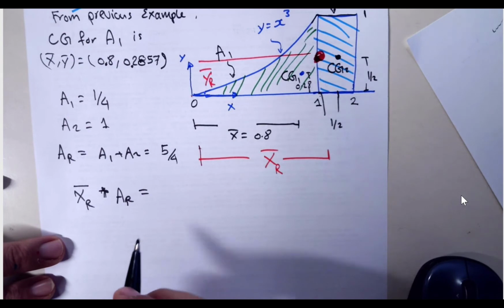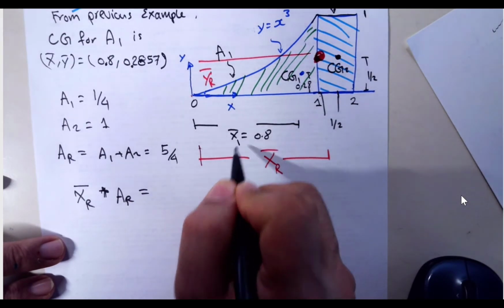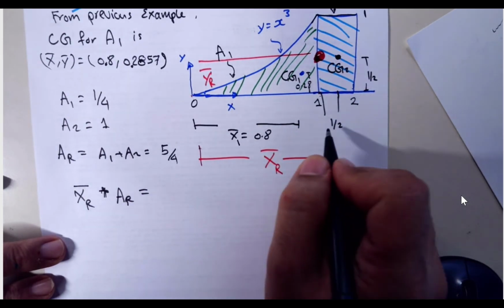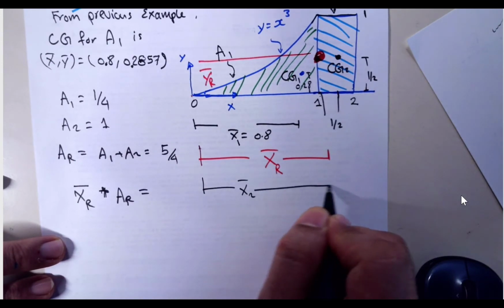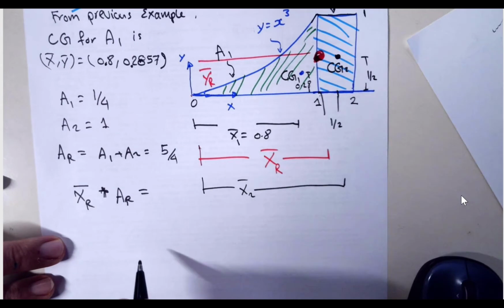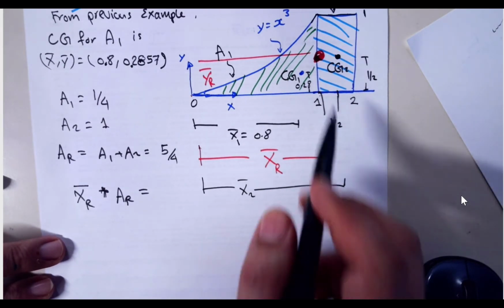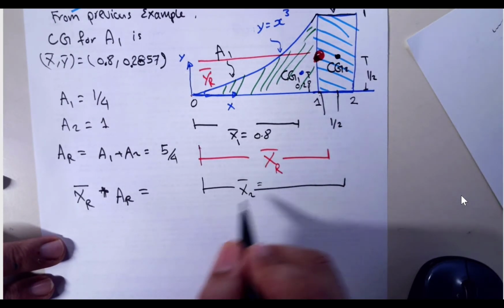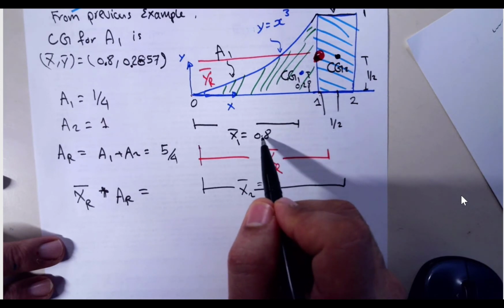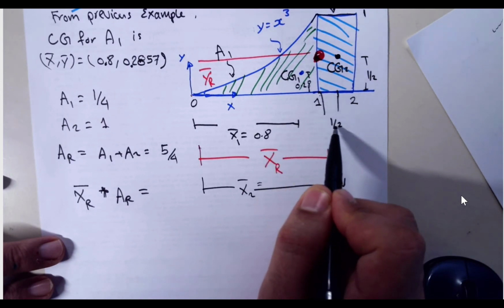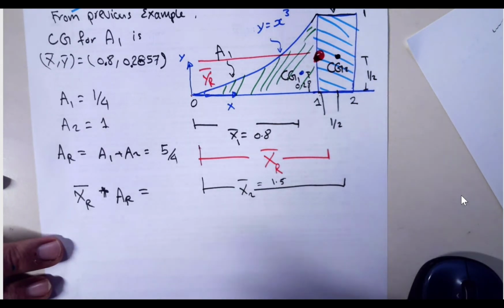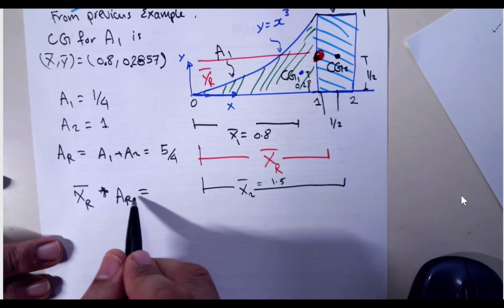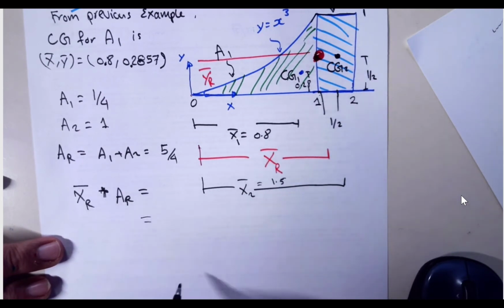So I'm going to call this x1 bar. I'm going to call x2 bar the location of the CG2, and we know how much it is. It is 1 plus half, so this is 1.5. Right, this is the location of the CG on the x-axis.